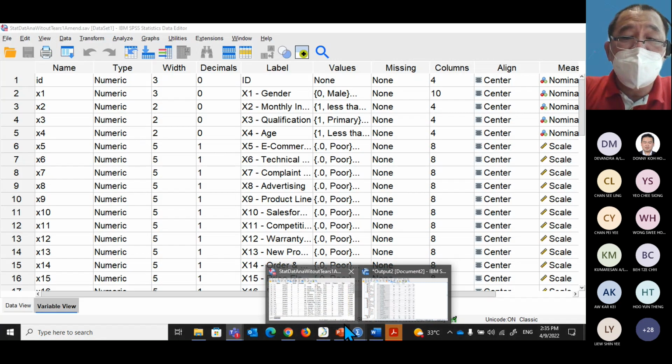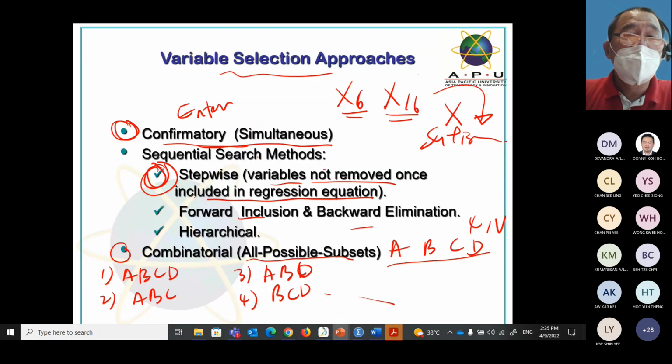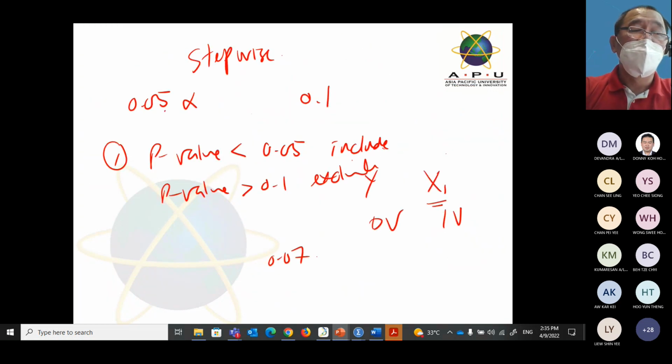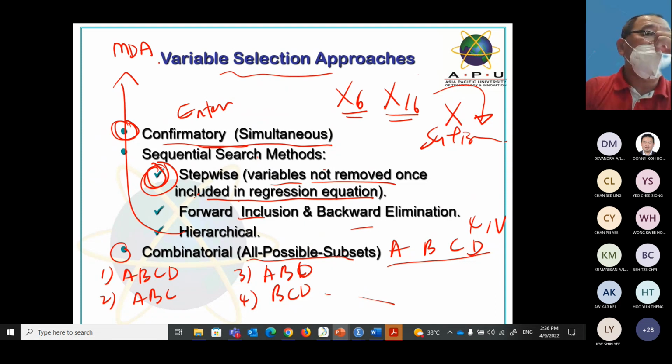Okay. Now we continue, still in multiple linear regression. I think we can ignore the hierarchical one, we see next. Hierarchical regression is more for multi-level data analysis, MMDA. Those in data science may consider taking this module as your elective.